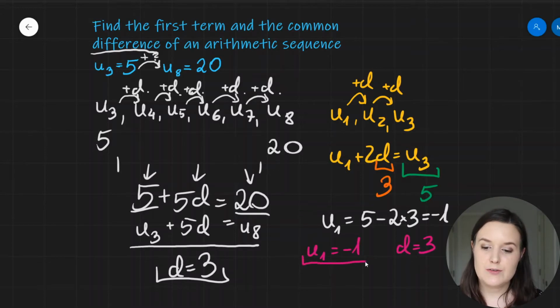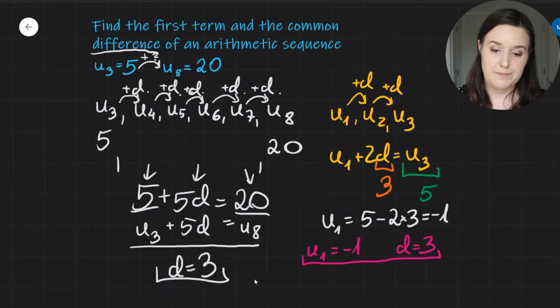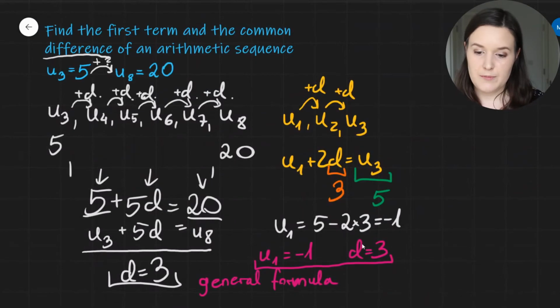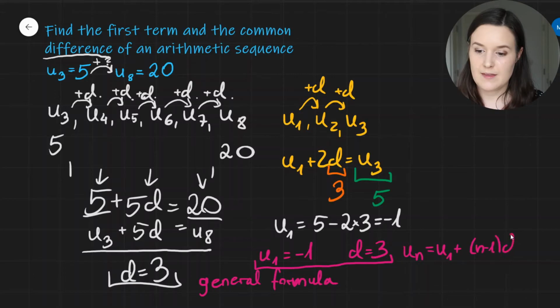If you were asked to find the general formula for this sequence, you would just substitute into the formula that you know. The formula for an arithmetic sequence is un is u1 plus n minus 1 d. So in our case we substitute u1 is minus 1 plus n minus 1 and d is 3.